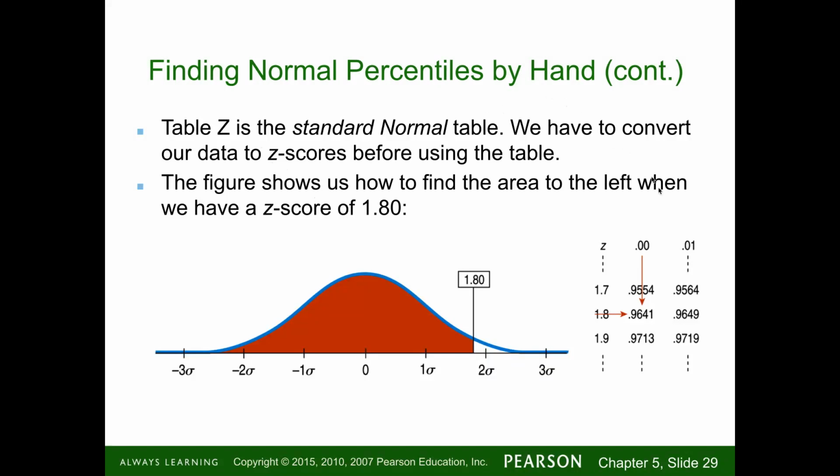So now when you look at this, when I see 1.80, I go to the 1.8 and then I look for 0.00. That means it's going to be 1.800. Now if I had 1.81, I go to 1.8 plus 0.01. Does that make sense?